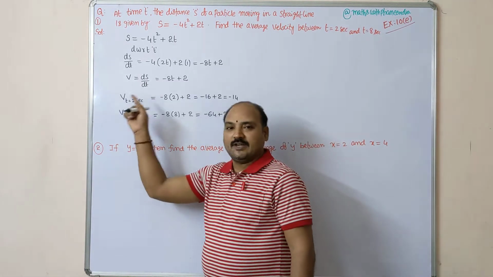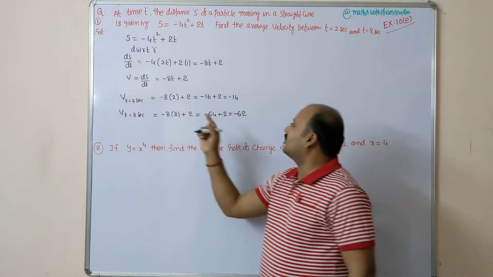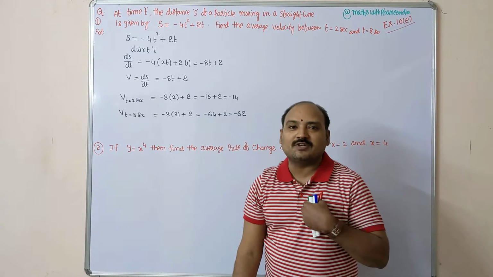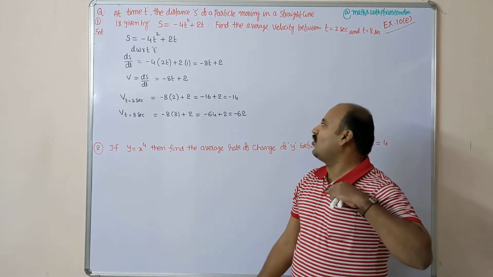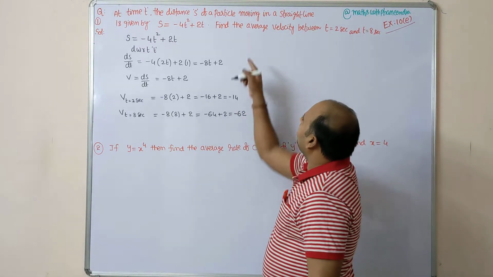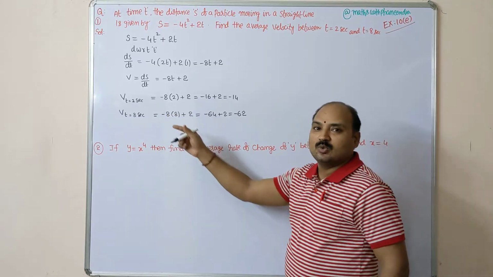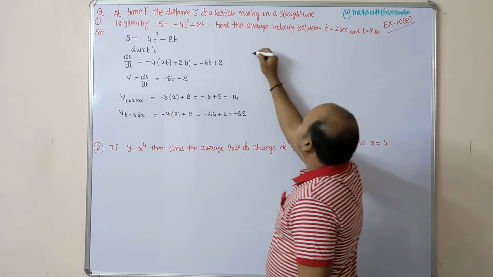So we got the velocity at t equal to 2 seconds, and we got the velocity at t equal to 8 seconds also. Here they are asking for the average velocity between t equal to 2 seconds and t equal to 8 seconds.